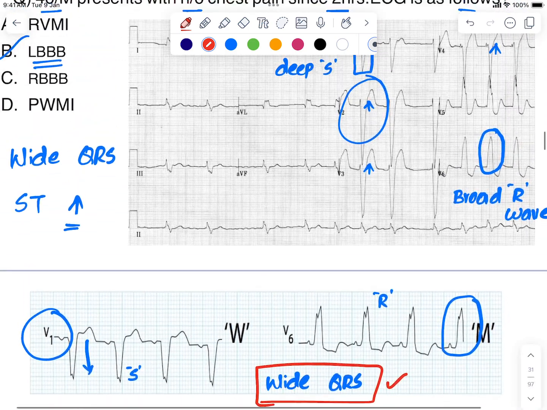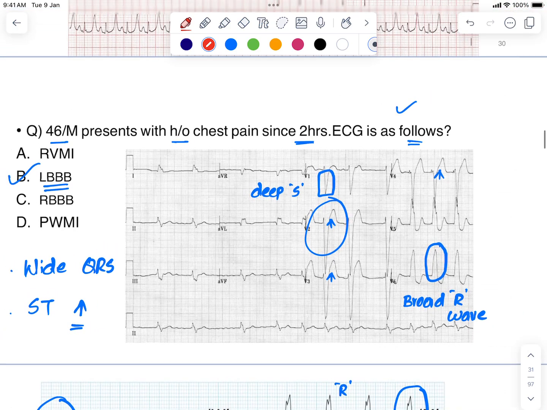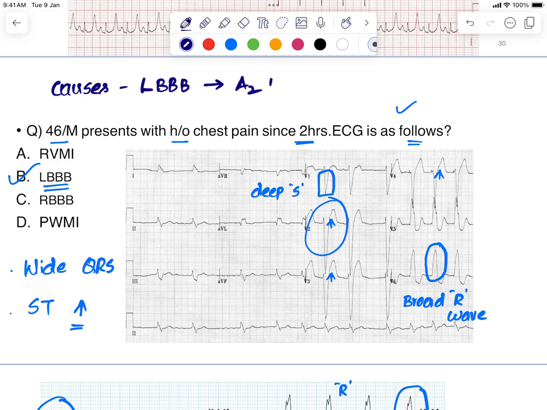Now at the same time, you should know what the causes of left bundle branch block are. Just remember this mnemonic: A2, D2 and H2. A2 stands for aortic stenosis and anterior wall MI.